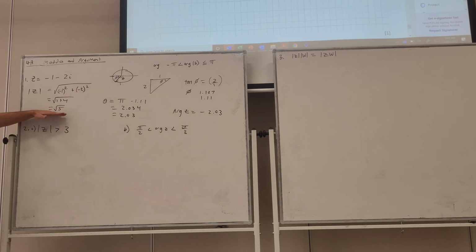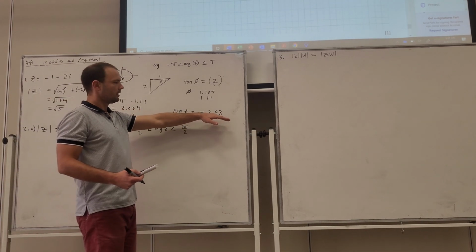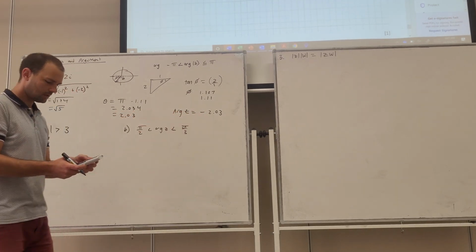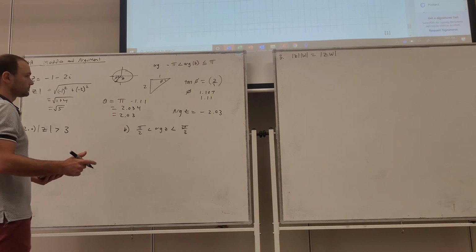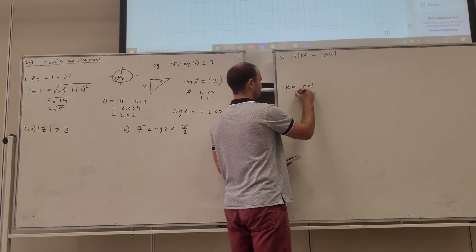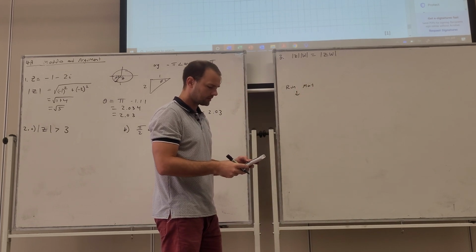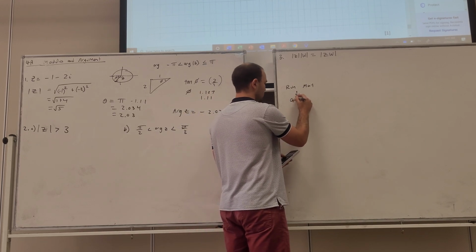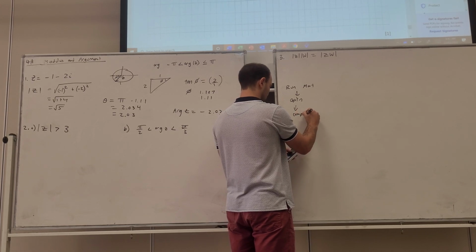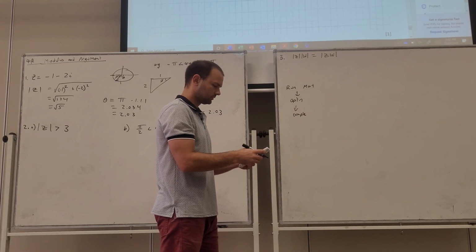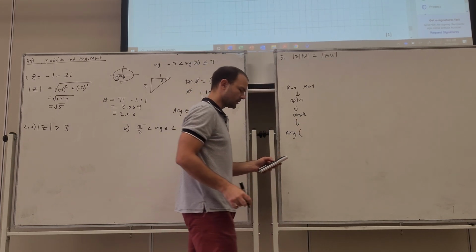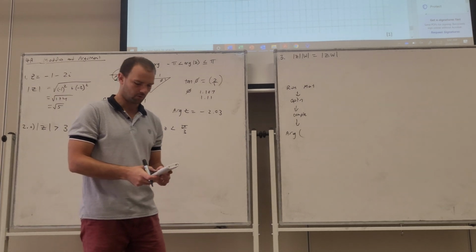Okay, so we have the modulus and we have the argument. Let's talk about how we can just use our calculator very quickly to generate the argument. So we go into run matrix, and we press option, complex, and arg. We want to know the argument of, and then we've got to type in the complex number.